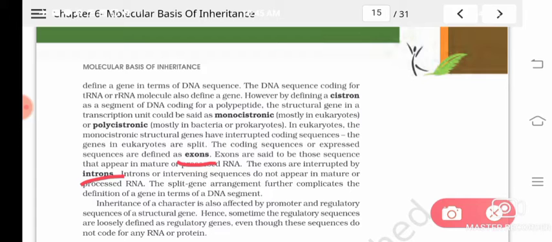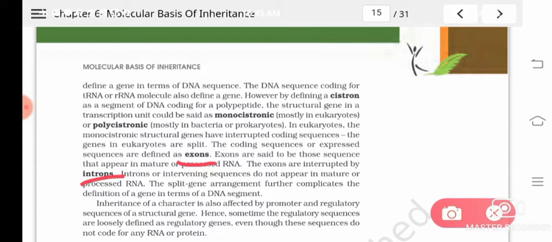In eukaryotes you can see the split gene arrangement, in which exons and introns are interspersed. Exons will be there, then introns, and likewise they are found in the genes or in the DNA.